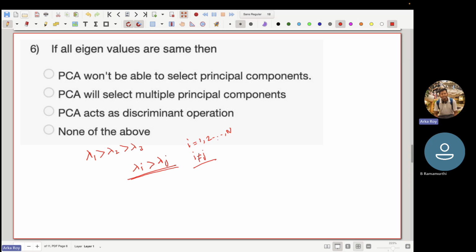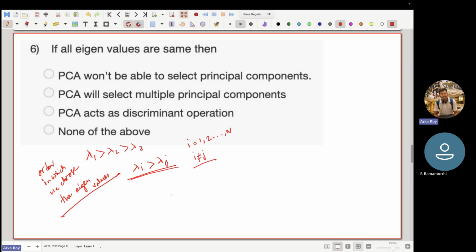That means you have calculated n eigenvalues, and lambda i should be greater than lambda j with i not equal to j. So this is the order in which we choose the eigenvalues.